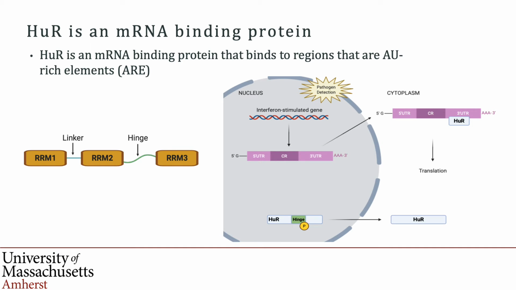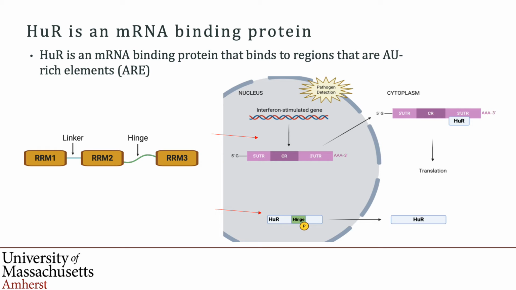On the right is a depiction of a general movement of HuR during a pathogen detection in a cell. A pathogen is usually detected by the innate immune cells, and transcription of interferon-stimulated genes occurs. Pathogen detection can also cause HuR to be phosphorylated on the hinge region, which contains that nucleoplasmic shuttling sequence.